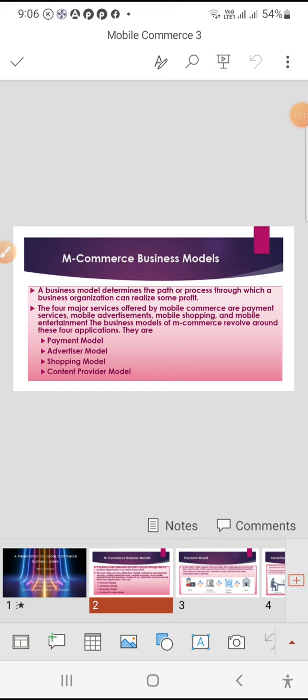The payment service providers work with banks or other financial institutions or mobile network operators, accordingly receiving a bank controlled mobile payment model or an operator controlled mobile payment model.